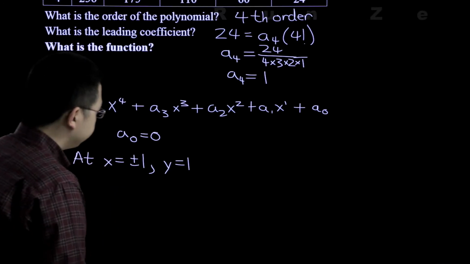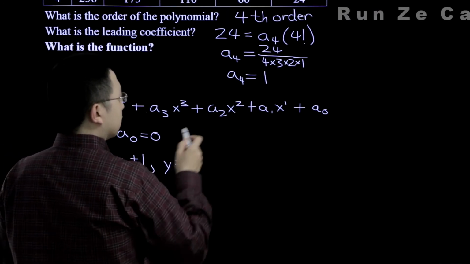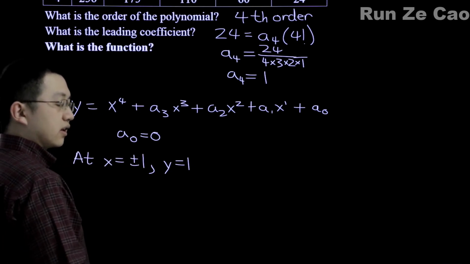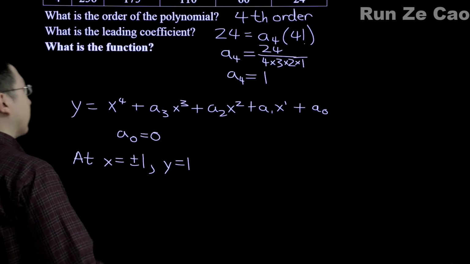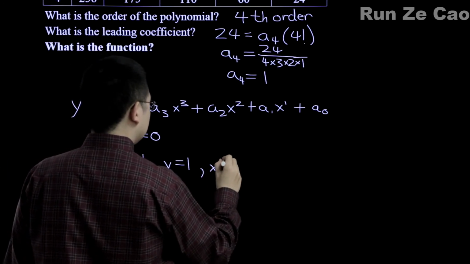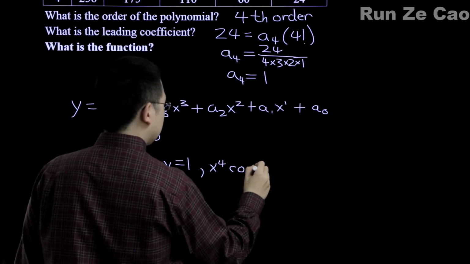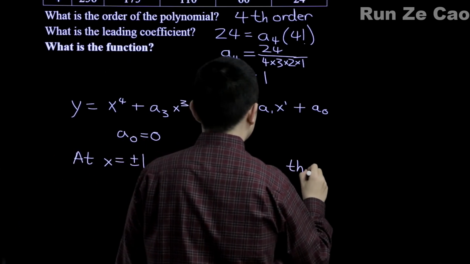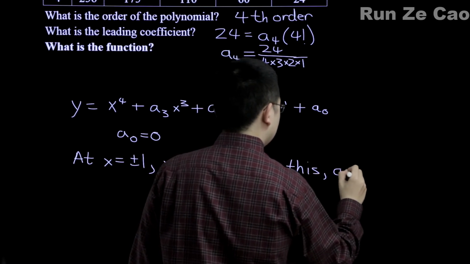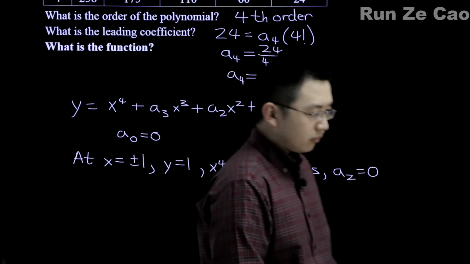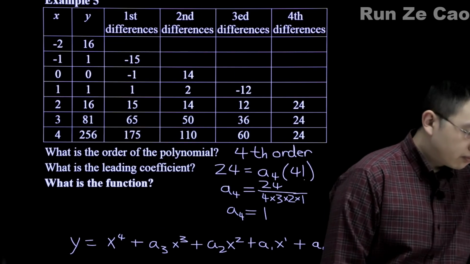First of all, this term doesn't exist. Why? Because x to the 4th covers this. a2 equals 0. And then we look again.